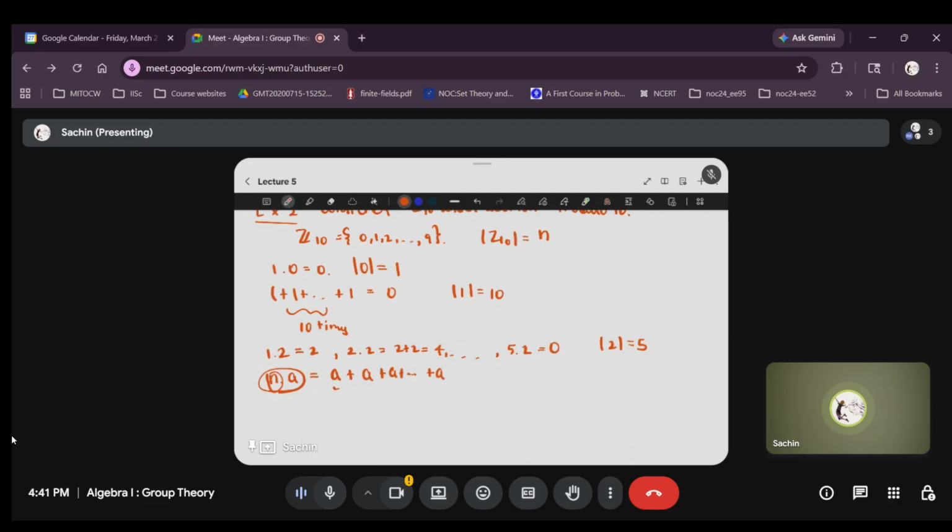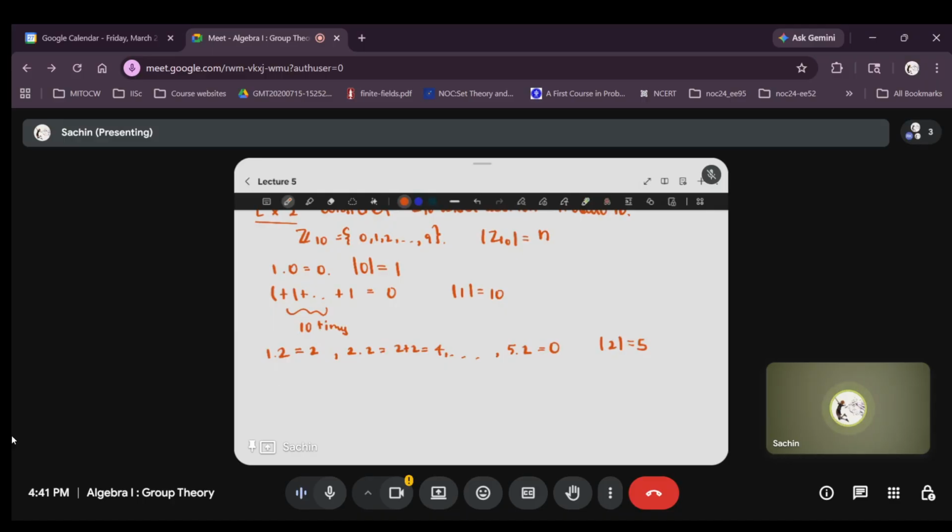So n times a does not mean you are multiplying n and a, because n is some integer and the group might not contain integers at all. But it just so happens that for integers, and even in this case of modulo addition and multiplication, n times a is simply the same as multiplying n and a.